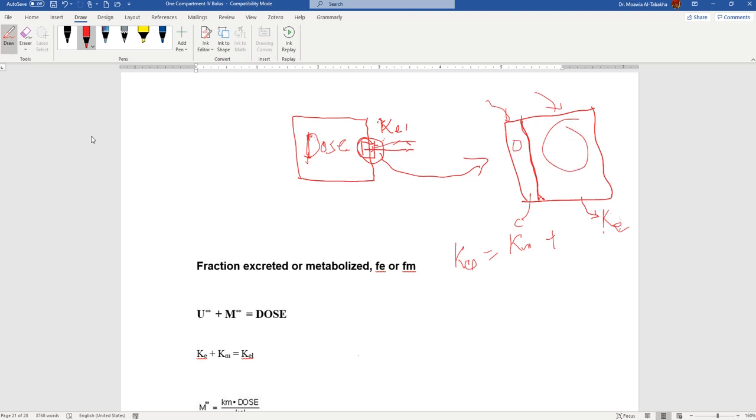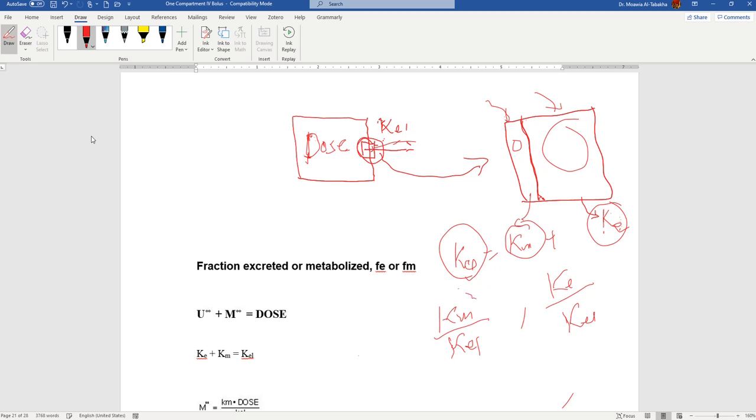Okay, so if I say Km, the size of this Km divided by KEL, which is the total size. And also I said Ke divided by the total size, which is KEL.